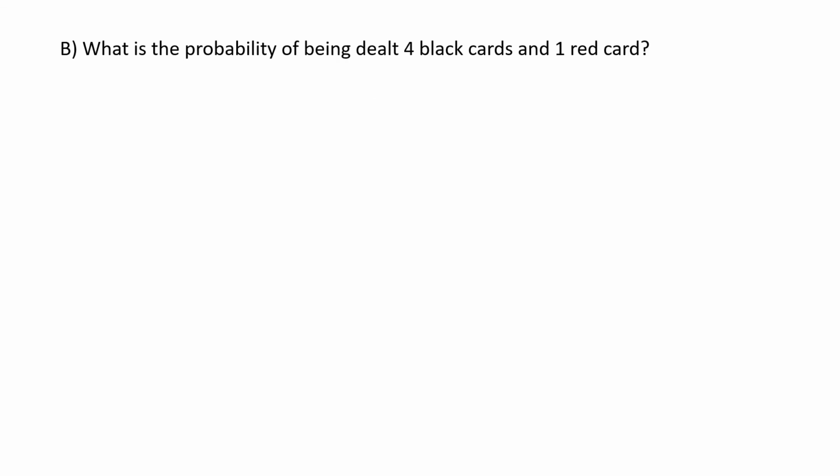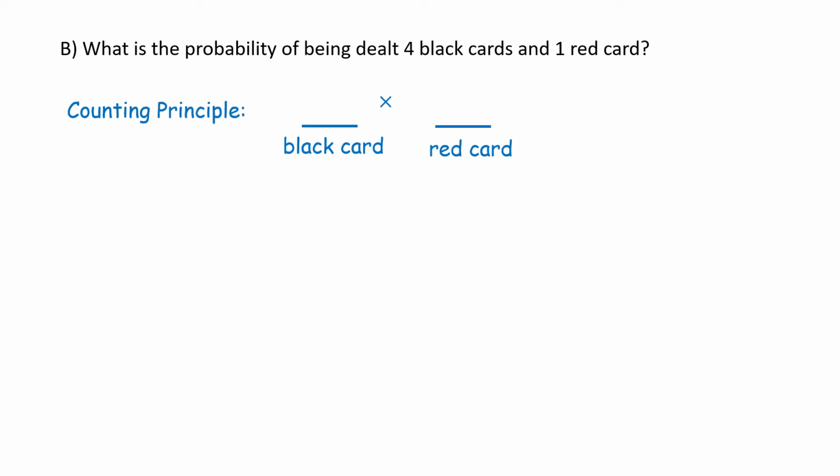What is the probability of being dealt 4 black cards and 1 red card? For this event, we're going to use the counting principle, and we're going to need to find the combination of getting 4 black cards and multiply that by getting 1 red card.